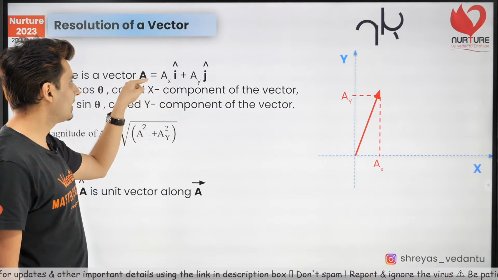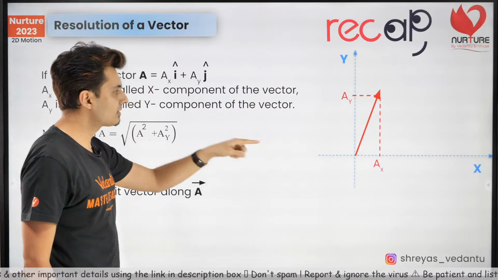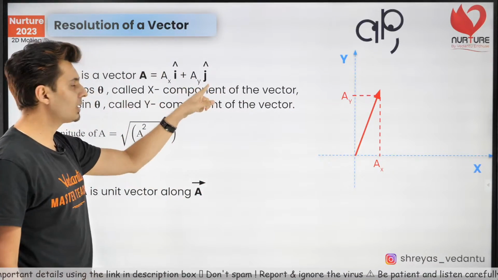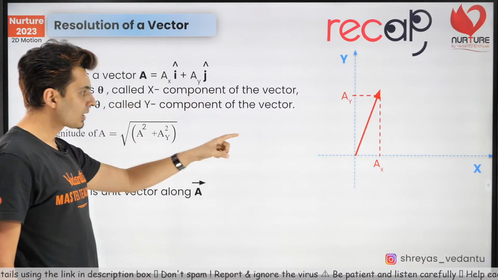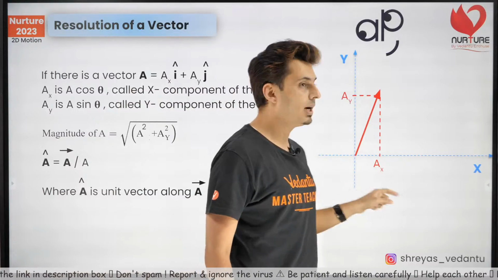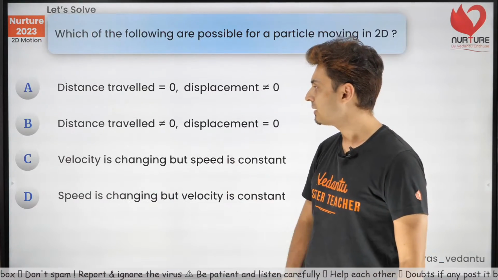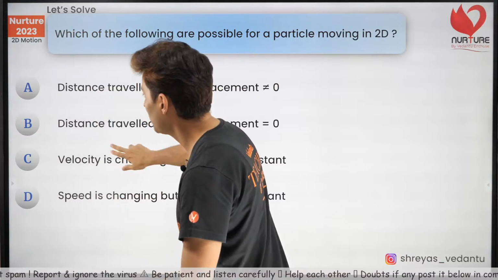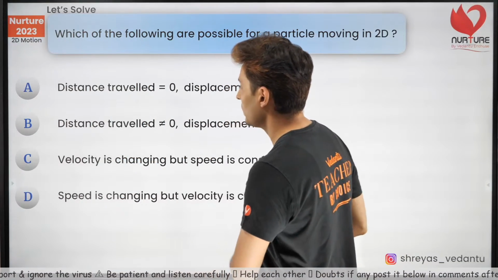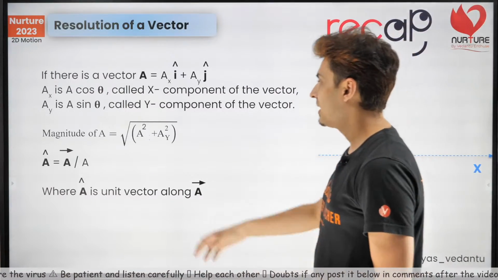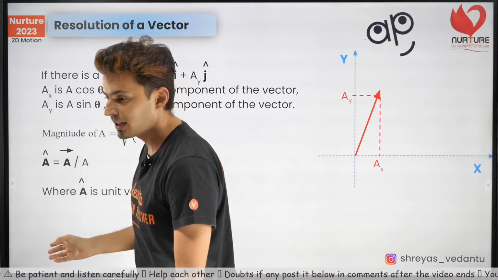That's why you write the vector as ax i cap plus the y component being ay, you write it as ay j cap. The magnitude of this vector, by Pythagoras, you can write it as the square root of ax square plus ay square.